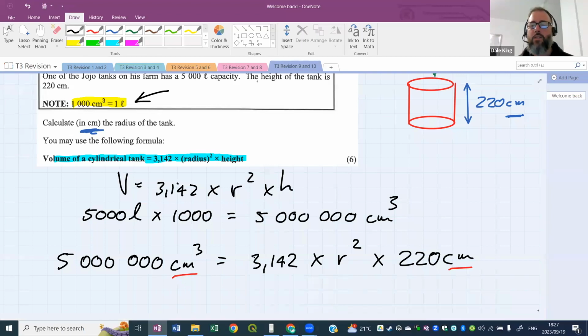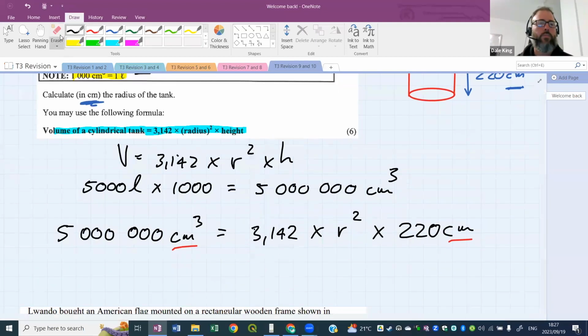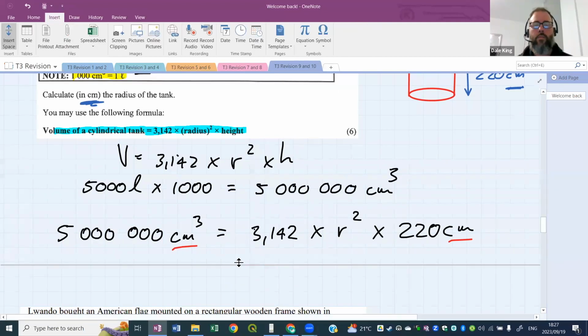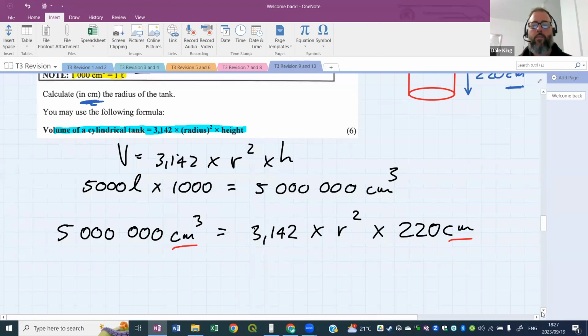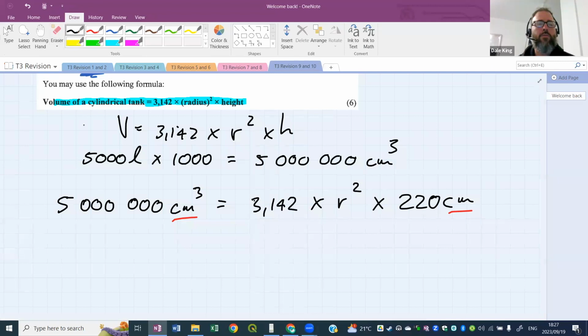Okay, Ben, this is the interesting part. What do I do now? On your right-hand side, you times 3,142 by 220. So yes, what Ben's saying is to simplify this equation and make it more simple.